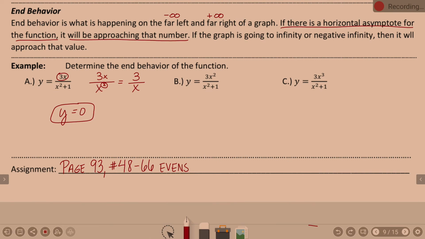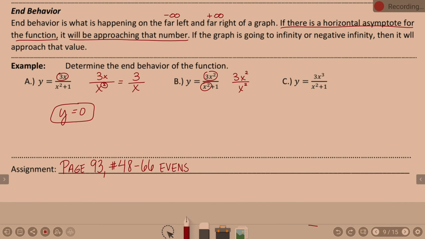What about b? Y equals 3. Yes? No? She says y equals 3. What do we have to point out here? The coefficients. Okay. My biggest power on top is 3x squared. My biggest power on bottom is x squared.